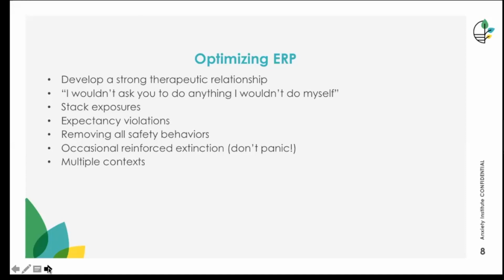Stacking exposures is really important. I have an example of this more than explaining it, but it means taking more than one exposure and doing it at the same time. I'll give you an example of a client I'm working with right now. He has a lot of existential OCD, a lot of concerns about whether people are actually kind or whether it's just a learned behavior. He gets really caught up in that.